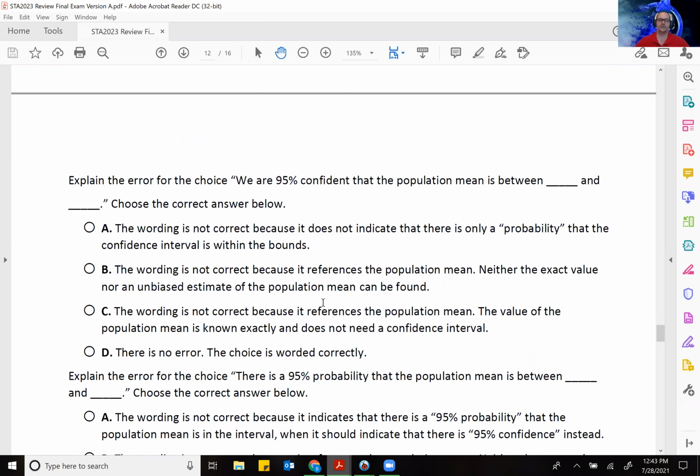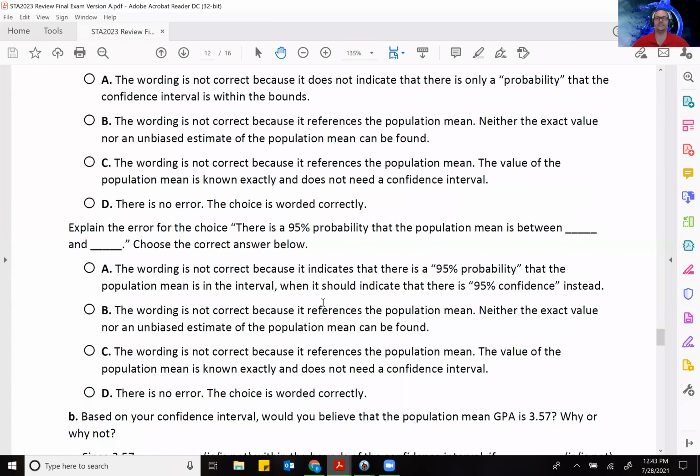D. Yes, there's no error in that. That was actually the one we chose. And the last one: there is a 95% probability that the population mean is between blank and blank. A. Yep. It should all be about confidence, not a probability.